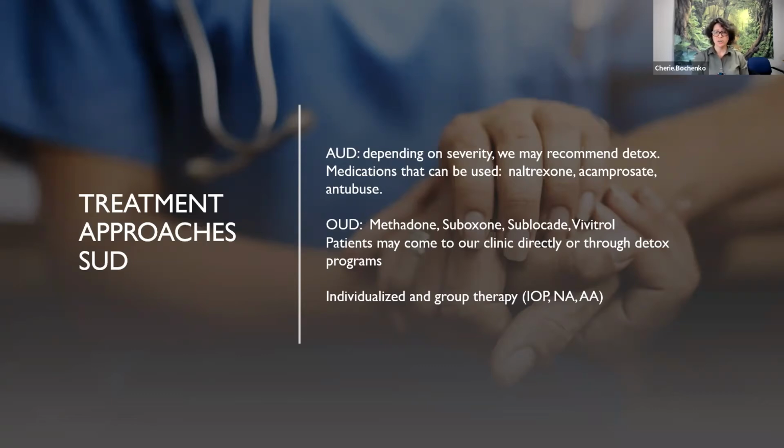For opioid use disorder, here at the clinic we're using methadone, Suboxone, Sublocade, Vivitrol. Patients might come in directly here for treatment, or they might be referred by detox or maybe a hospital. And then it's really important to make sure the patient knows individualized or group therapy is very important. IOP, Narcotics Anonymous, AA.